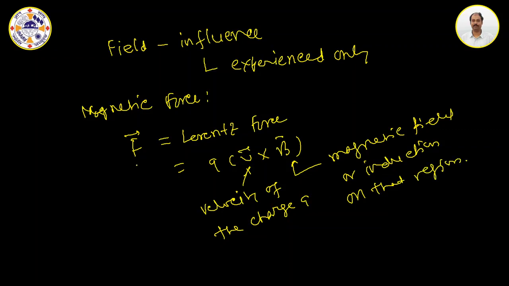So we can measure the magnetic induction B from this expression. First, we find what is the unit of B from this expression. B is equal to F divided by q into v.